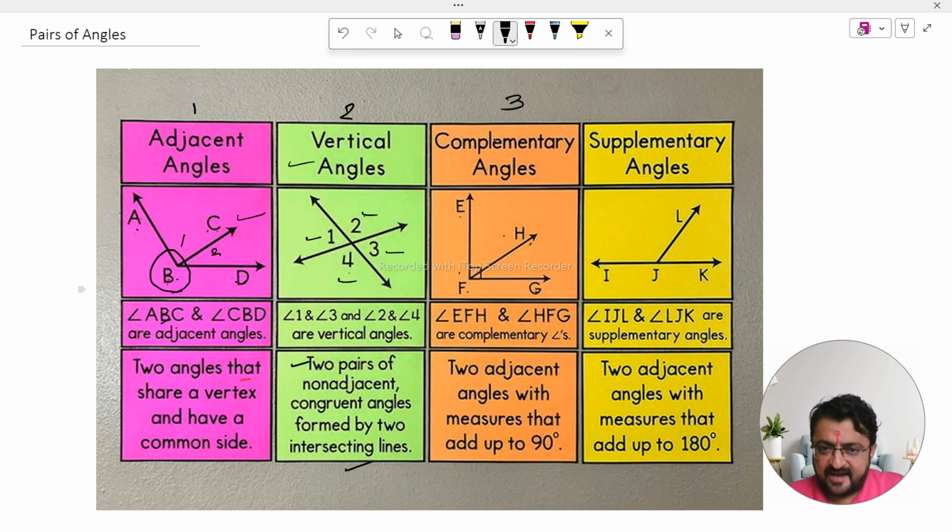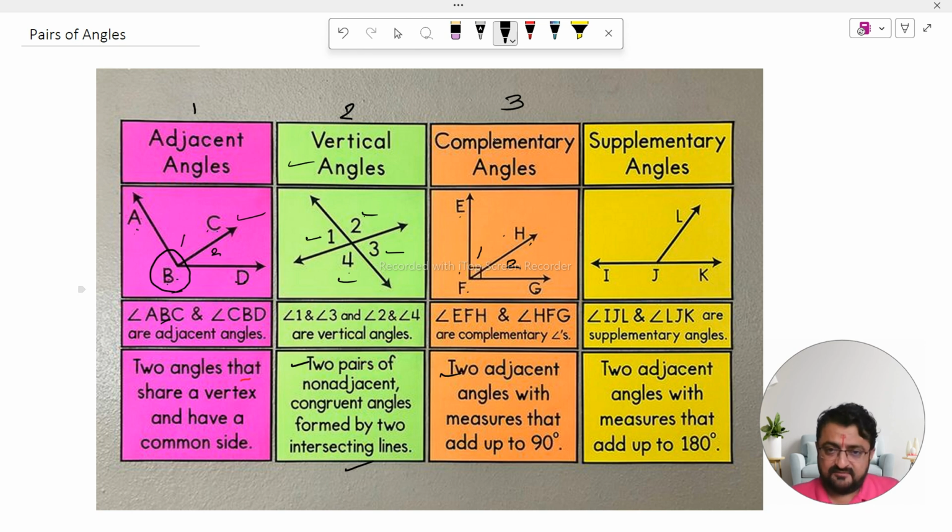If I add the first angle and this second angle, you can see the total will be 90 degrees, meaning a complete 90 degrees, a right angle. So the definition is very simple: two adjacent angles with measures that add up to 90 degrees are called complementary angles.